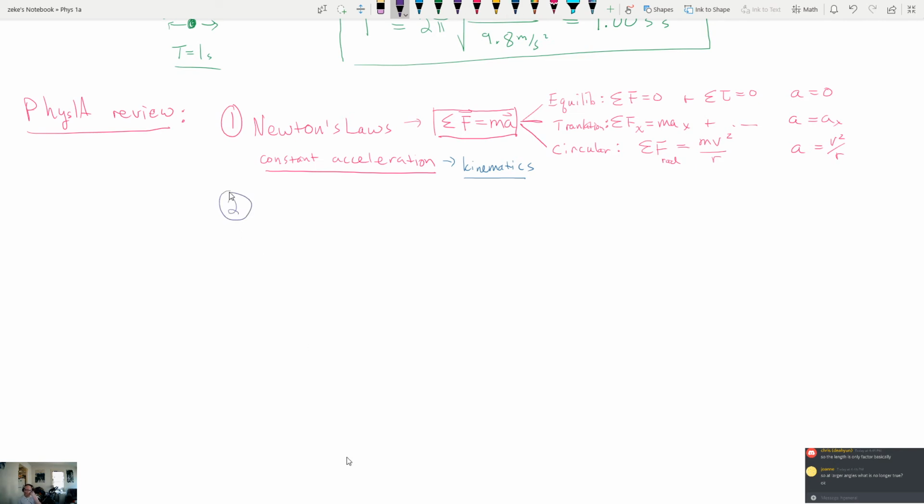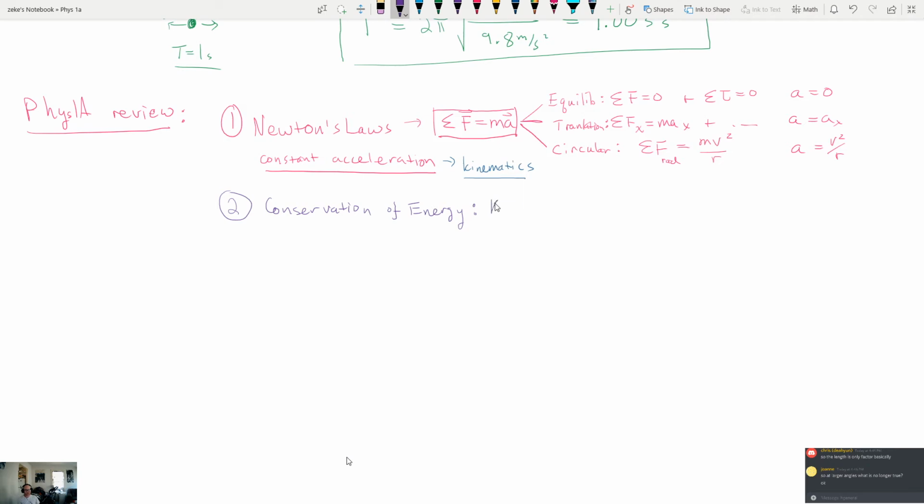In order, the next one that we learn is energy. And the big idea is conservation of mechanical energy, or I usually just write it as conservation of energy. Okay? And within the idea of conservation of energy, there are a lot of different concepts, right?